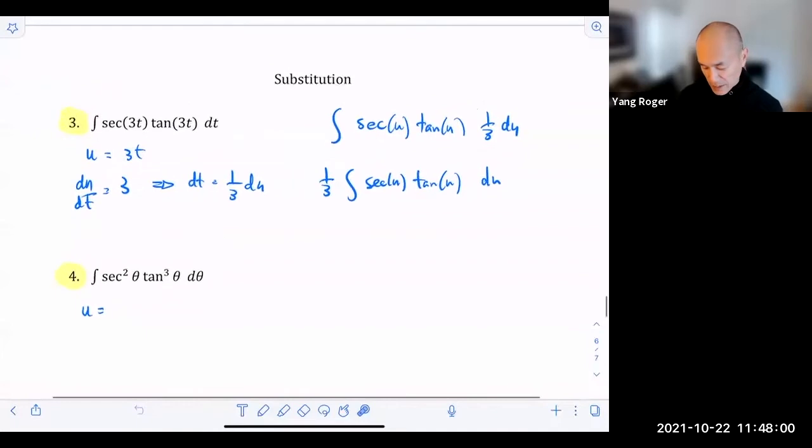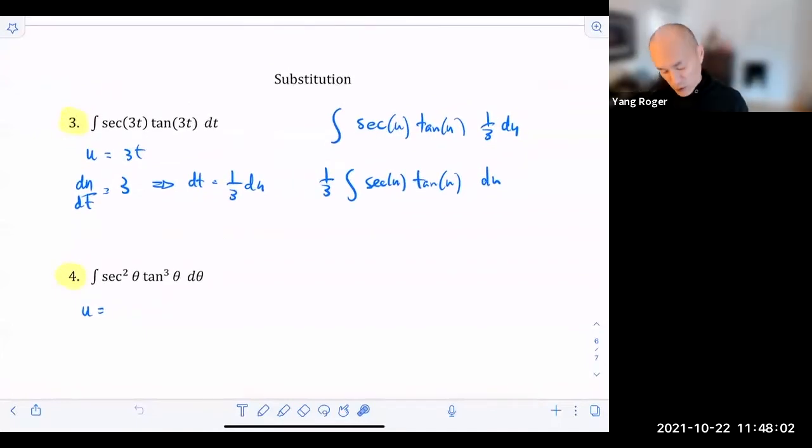So I want to make a comment here. Some of you don't know that the antiderivative of secant u tangent u is secant u. Like you don't know your trig antiderivatives. So you're going to try something crazy like u equal to secant 3t or u equal to tangent 3t. That's why I said integration is harder than taking a derivative. You have to have some sort of feel for where it's going to go before you make your substitution.